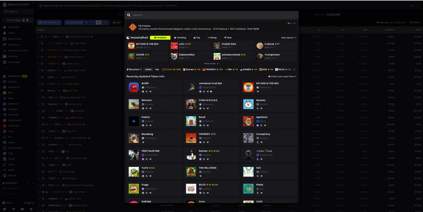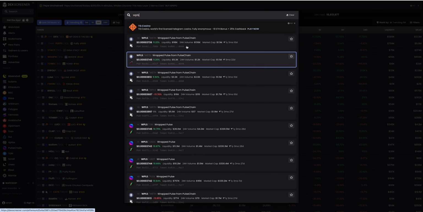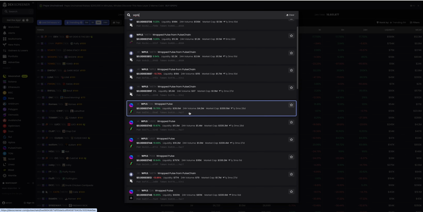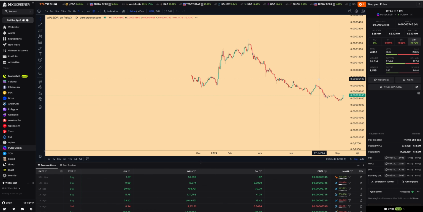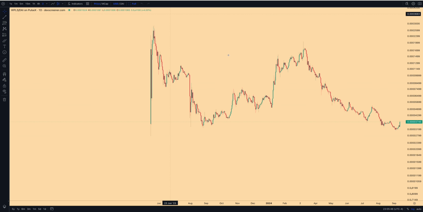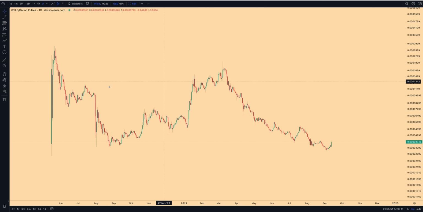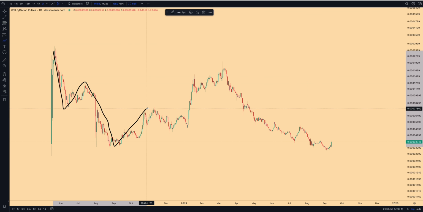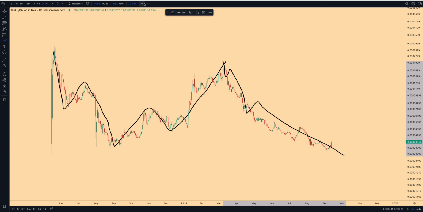We can take a look at PulseChain as well. Okay, so this is PulseChain over here. And same thing, right? 3 down in your A, 3 up in your B, and then you have a 5-wave move to the downside.